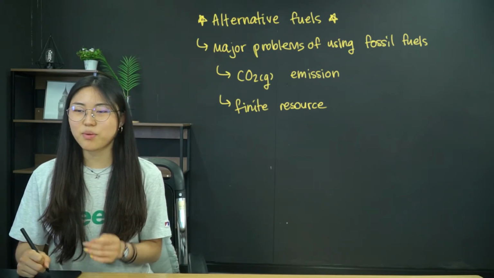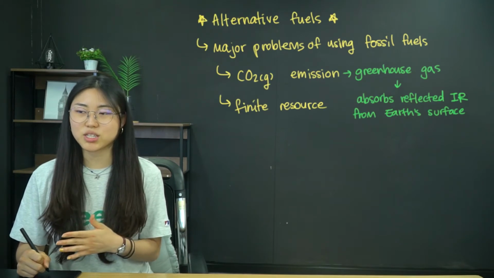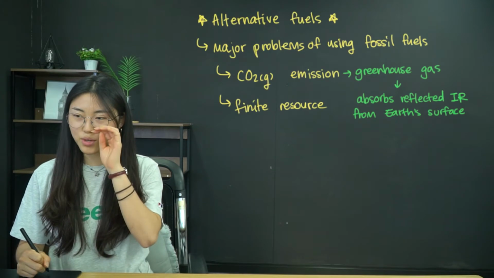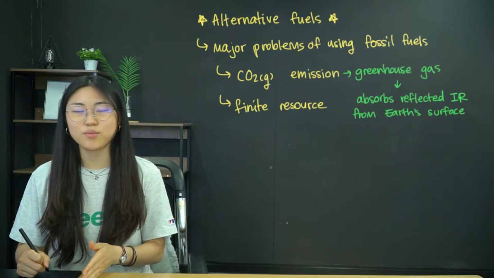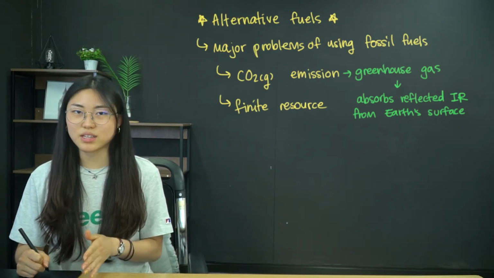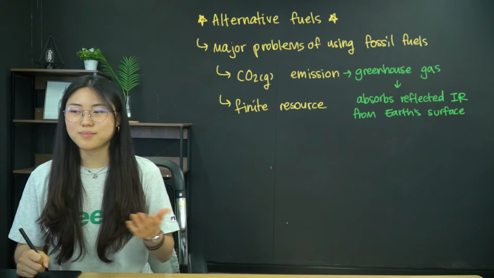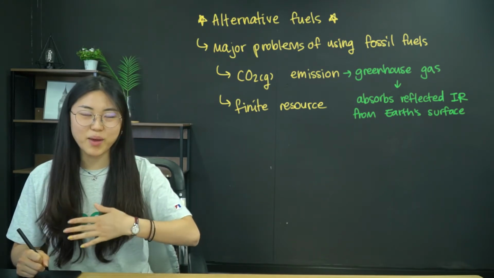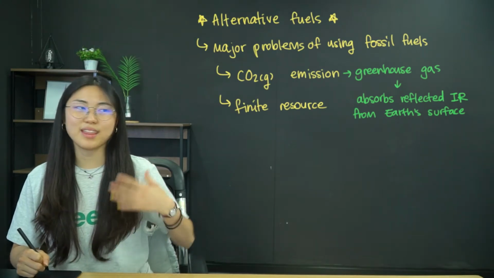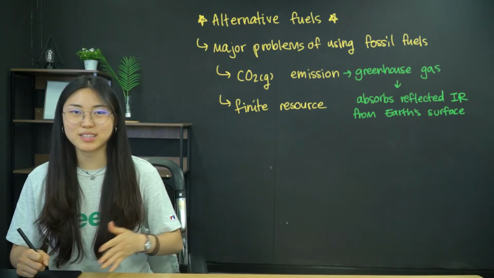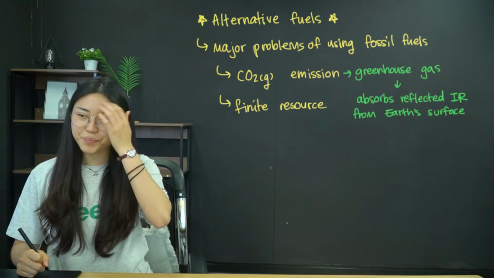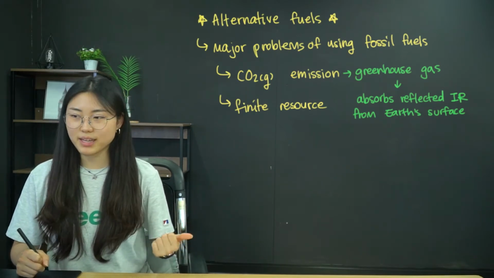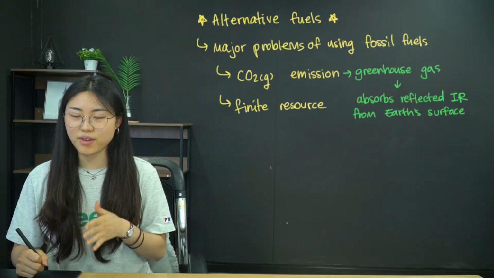The problem with carbon dioxide emission is that carbon dioxide is a greenhouse gas and it absorbs the reflected infrared rays from the Earth's surface. The sun gives us all the electromagnetic waves. That becomes energy from photosynthesis, etc. And some of that has to be reflected back into space, and that is done with infrared rays.